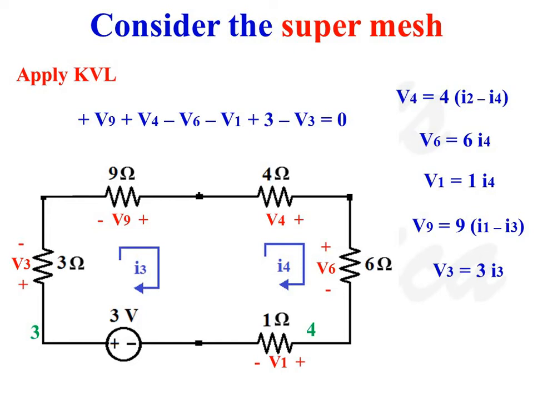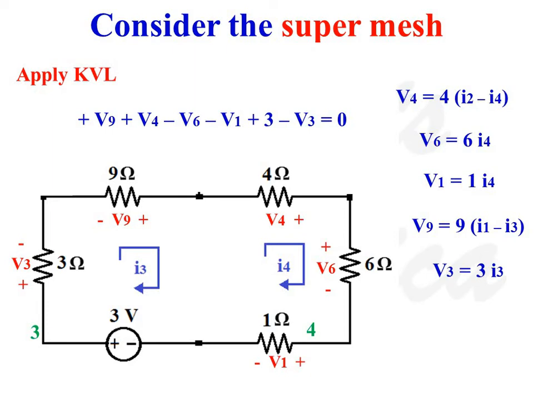When we consider 3 volt independent source, as we move from negative potential to positive potential, this term should be taken as positive, plus 3. And when we consider 3 ohms resistance voltage drop, as we move from positive potential to negative potential, this term should be taken as negative, minus V3 is equal to 0.